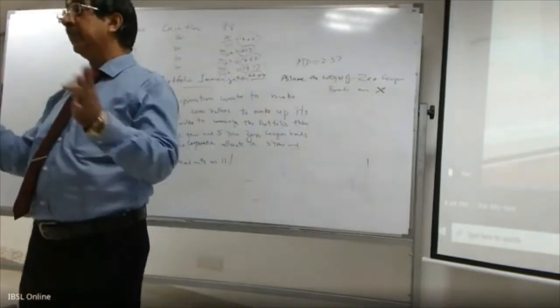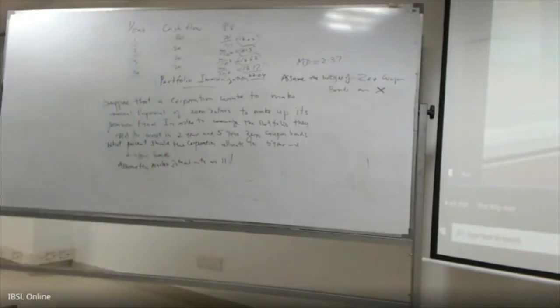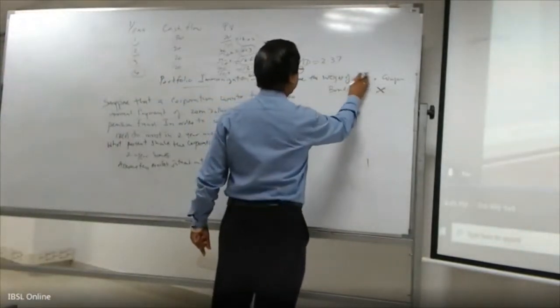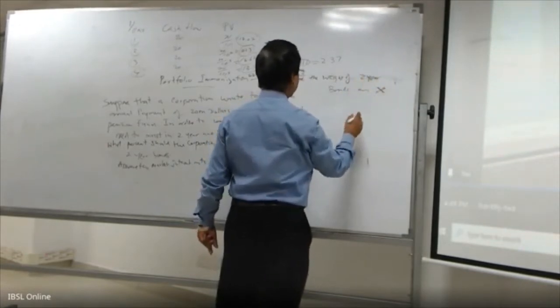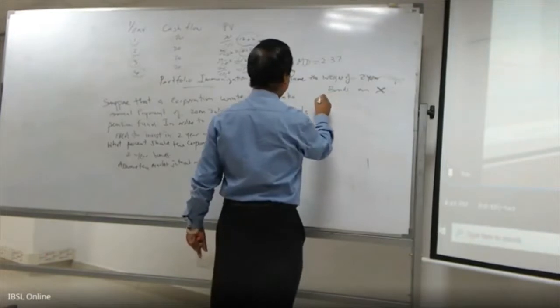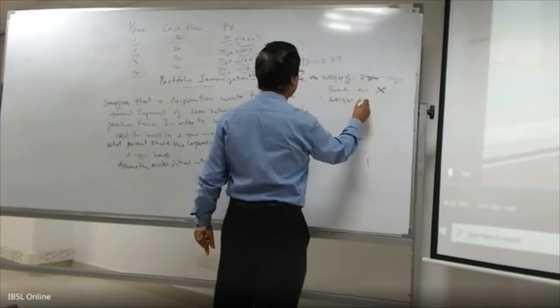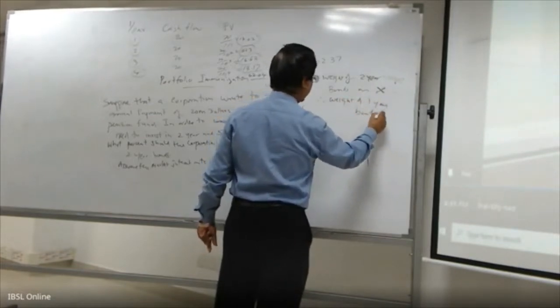So we assume the weight of 2-year bonds as X. Then what would be the weight of 5-year bonds? 1 minus X. Weight of 2-year bonds as X. Therefore, the weight of 5-year bonds is 1 minus X.